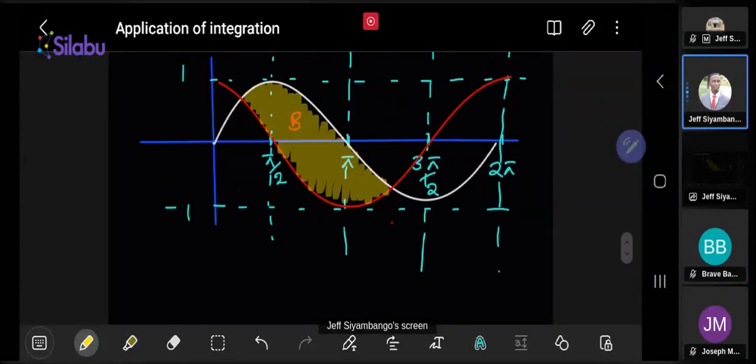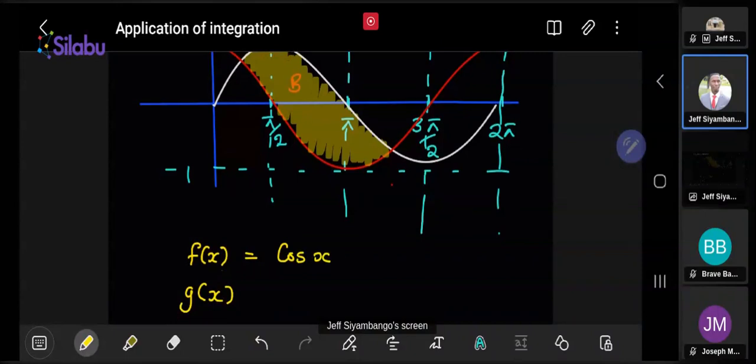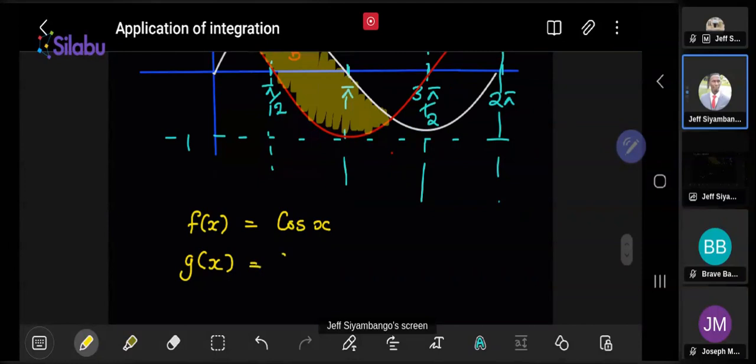Of course, you need two functions, f of x and g of x. It doesn't matter which one you assign as f of x or g of x. But in this case, I will assign f of x to be the cosine function and g of x to be the sine function.